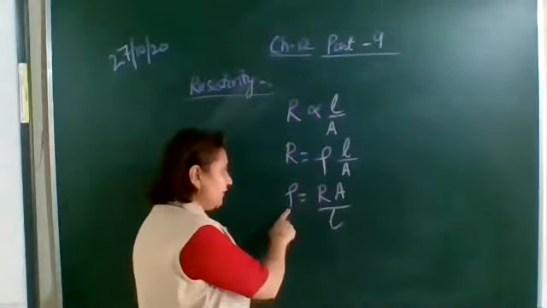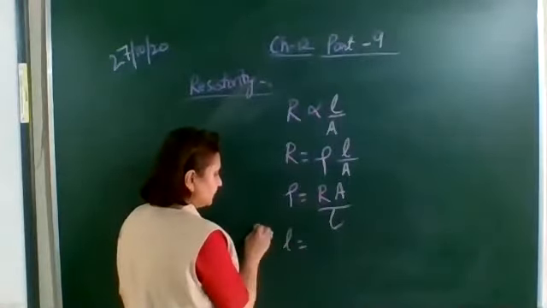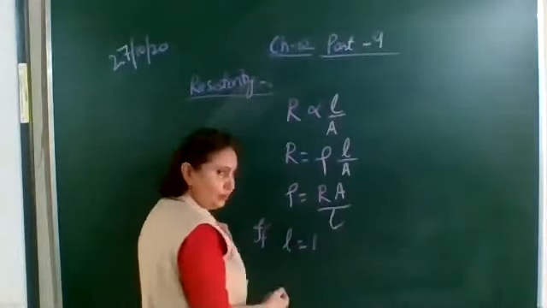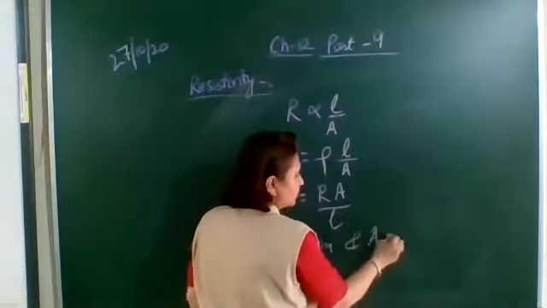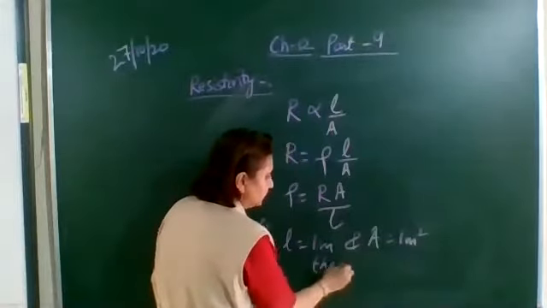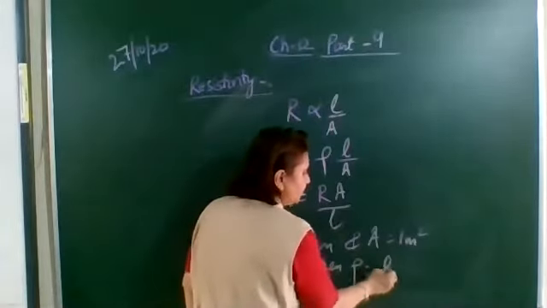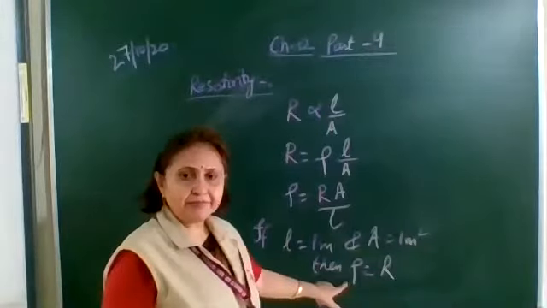Now, in order to define resistivity, let the length of the conductor be unity, that is 1 meter, and the cross-sectional area 1 meter square. Then we see that resistivity is equal to resistance. So from here we define the resistivity.